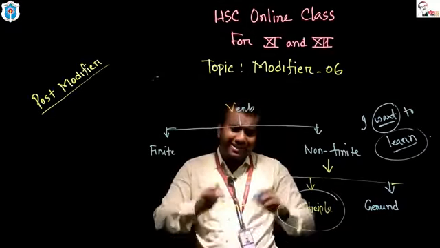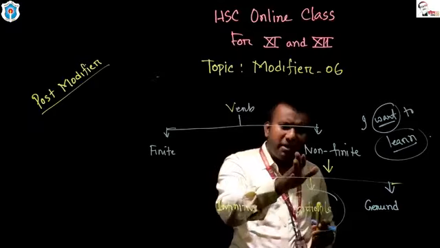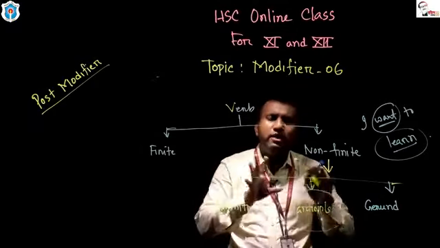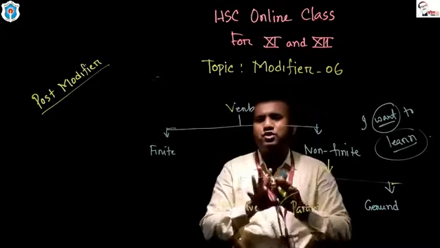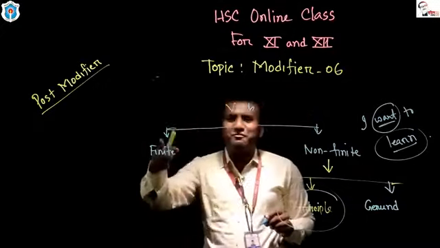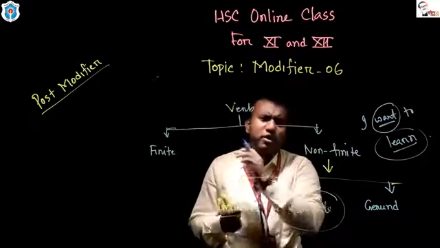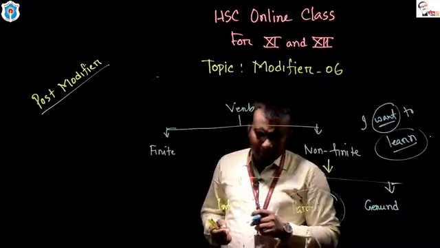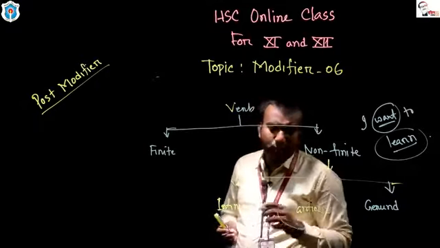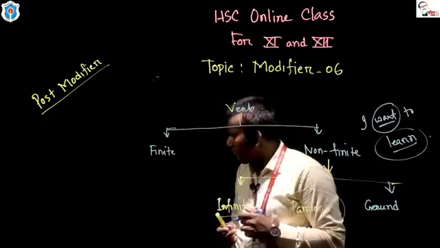But as I have classified non-finite verbs and as I have got 3 terms, I will clarify these 3 terms totally, because infinitive is very important in the modifier part. Infinitive is really important for modifier. Okay, but at first I will try to focus on participle.